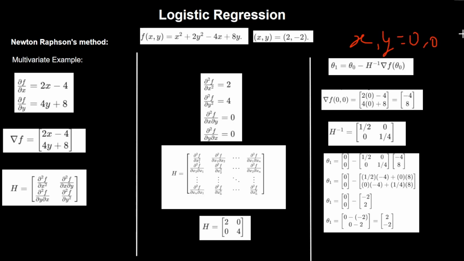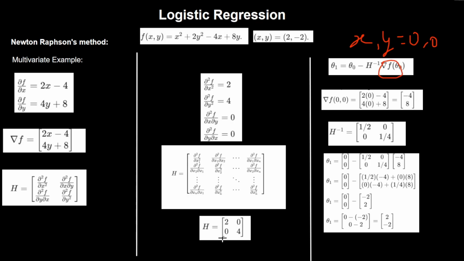When we take the 0 comma 0 value, first we need to plug them inside this gradient function for the update. If we put 0 and 0, we will get -4 and 8. So this will be a vector having the elements -4 and 8.